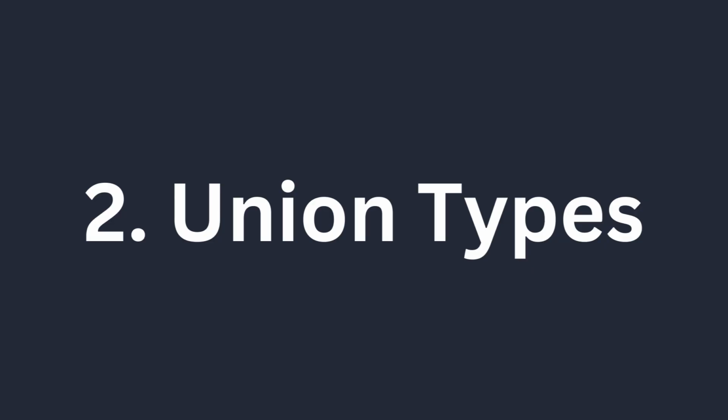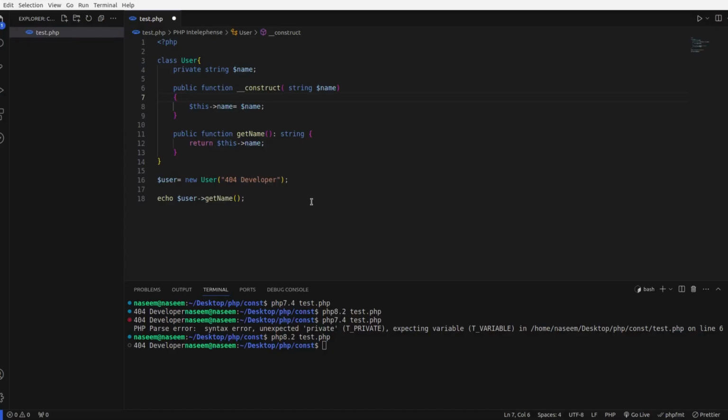The second one is union types. Union types were added in PHP 8, where we can define multiple data types for a single variable. That is not available in PHP 7, but now it is available in PHP 8. Let's see it with an example. Let's use the same code that we used for constructor property promotion.